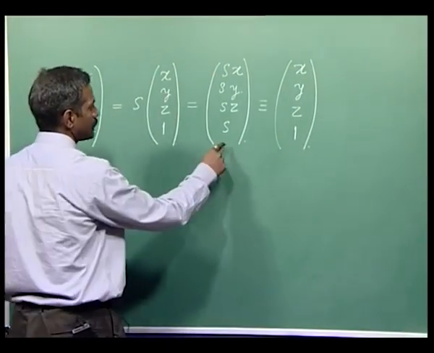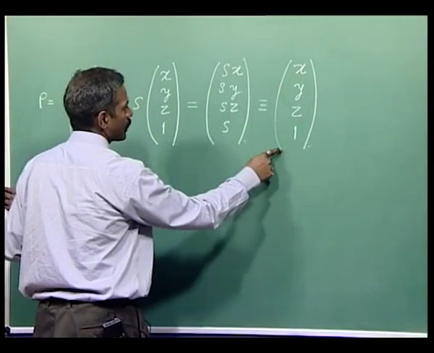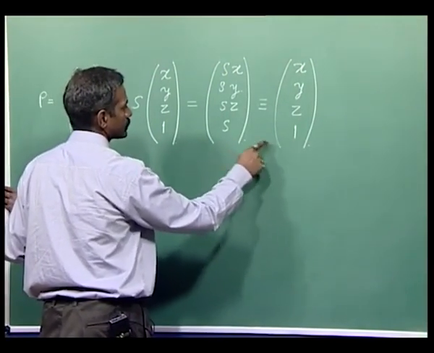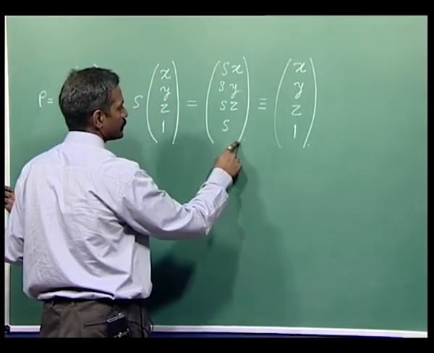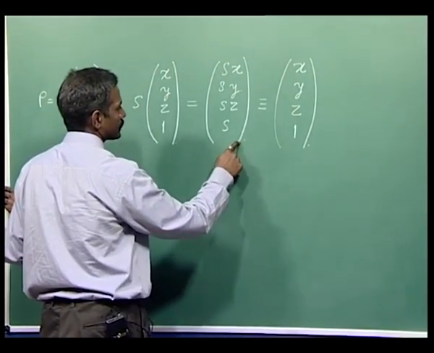We say that these two column vectors are equivalent because these represent the same point in the Cartesian or in the three-dimensional space.